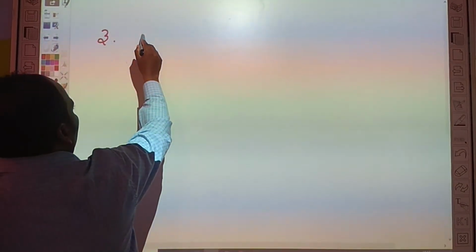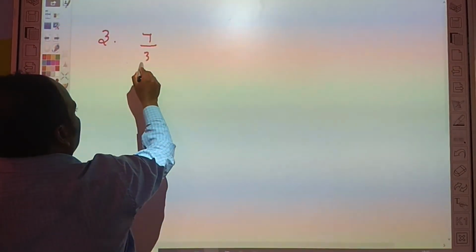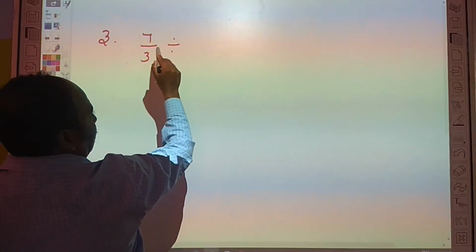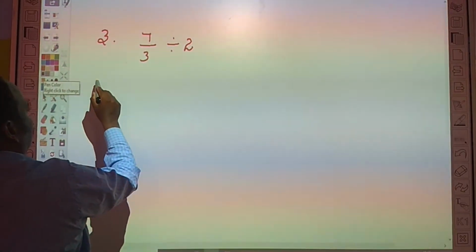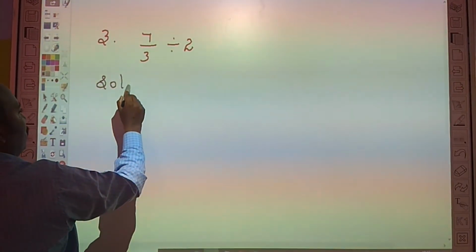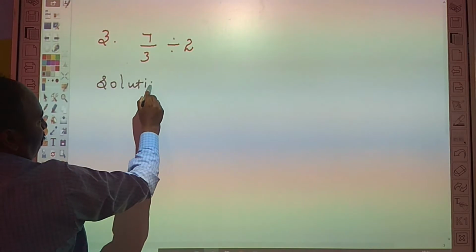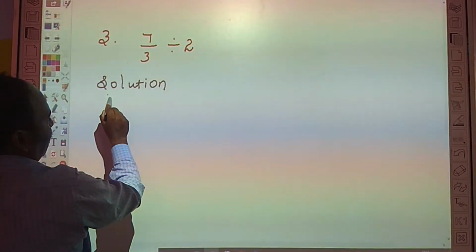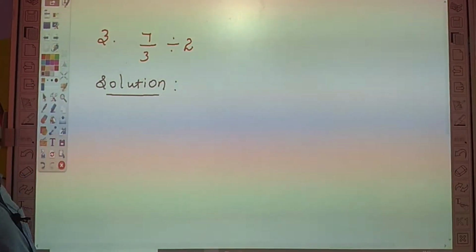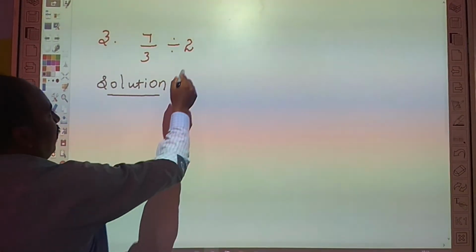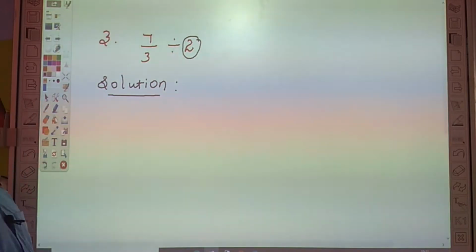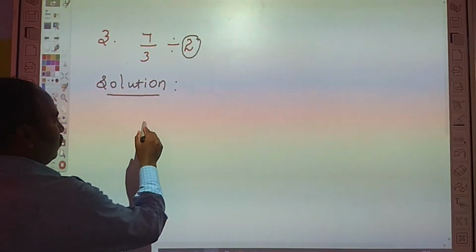Third problem. 7/3 divided by 2. The first one is a fraction and the second one is a whole number. 7/3 is a fraction. Number 2 is a whole number. So you want the reciprocal of 2.